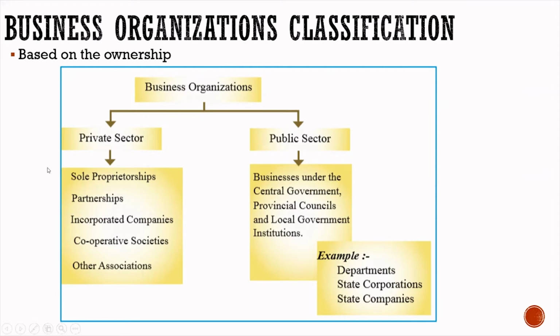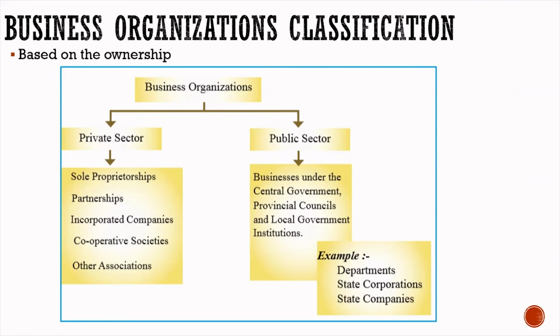First one is the private sector. If it is a person or a group who are privately investing funds for the business, then it is a private sector organization. The examples are sole proprietorships, partnerships, incorporated companies, cooperatives, and other associations.